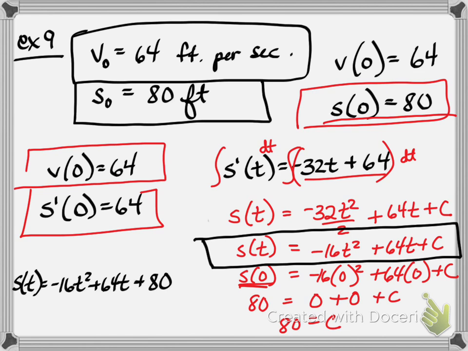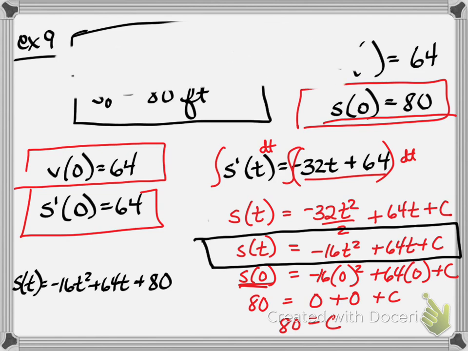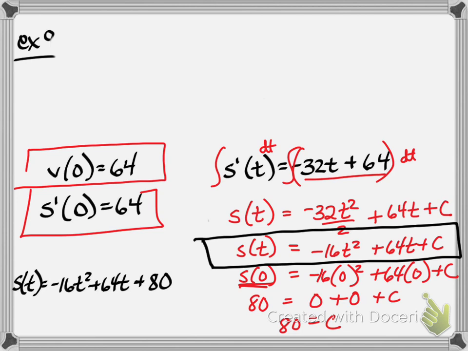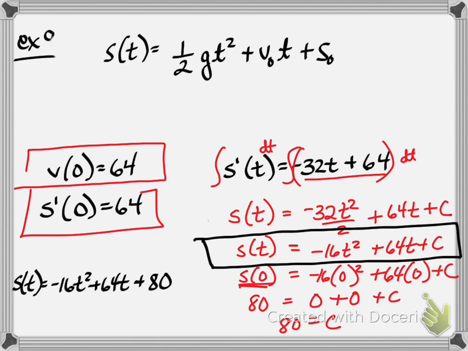Now keep in mind, we could have gotten that using pre-calculus a long time ago. Don't be mad. We know the formula because we used it earlier in this class also. We know the position function formula. I think it's 1/2 gt squared plus v naught t plus s of naught.